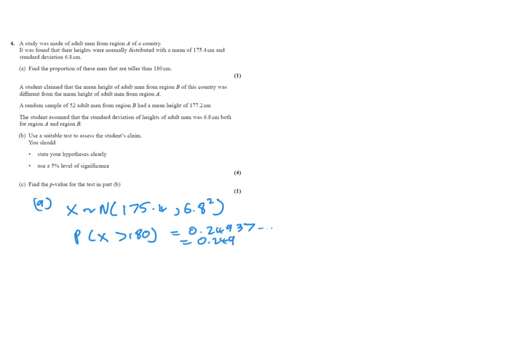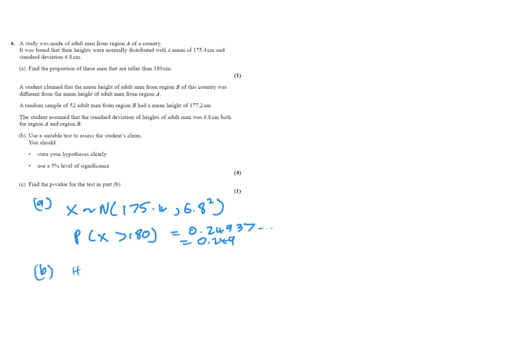A student claimed the mean height of men of region B is different. A random sample of 52 men from the region had a mean height of that, so they've actually done some experimental thing. The student assumed the standard deviation was that. Suitable test. So again, decoding this, this seems to be heading very much towards a hypothesis test on the normal distribution. So, follow the rules.